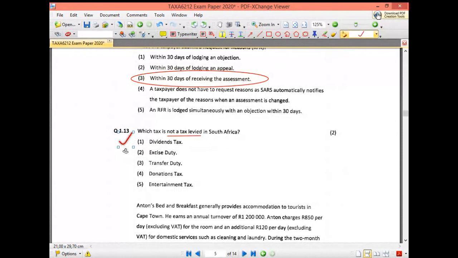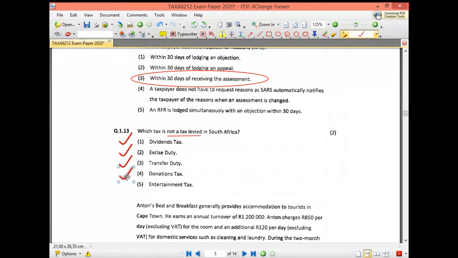Excise duty, that is when you have a deceased estate, you pay that on that. Transfer duties, when you buy a property and it's over 900,000, you would pay transfer duty on it. Donations tax, yes. If I make donations in my personal capacity of more than 100,000 in a year as an individual, I would pay 20% tax.